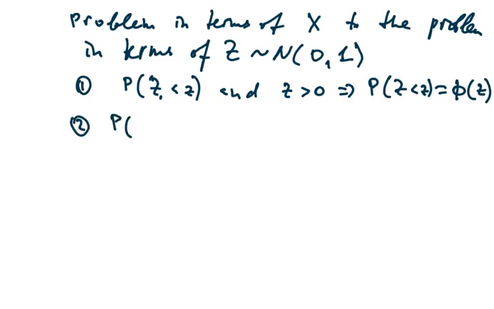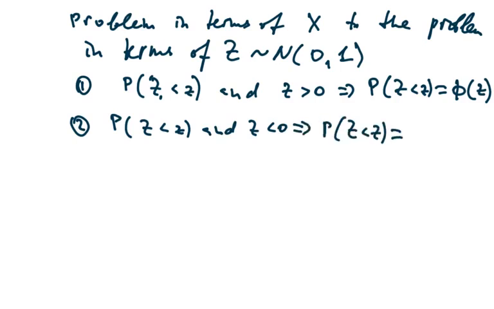If we want to find the probability for Z to be less than small value z, and small z is negative, then the probability which we are looking for will be equal to 1 minus the probability that Z is less than minus z, and since minus z now is positive, it's 1 minus phi of minus z.